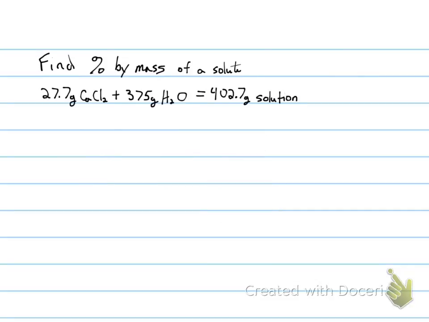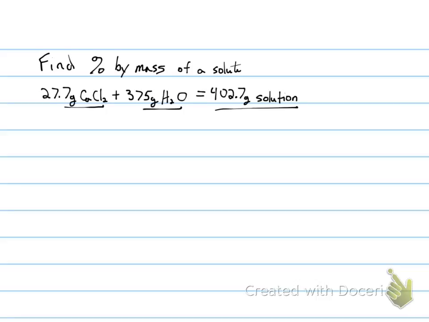Excellent. Find the percent mass of a solute in this equation. Now we calculated our solute here plus our solvent for our total grams of solution. And we're looking for the percent of mass. Well, percent of mass is the mass percent.